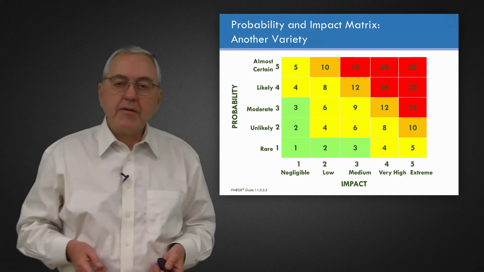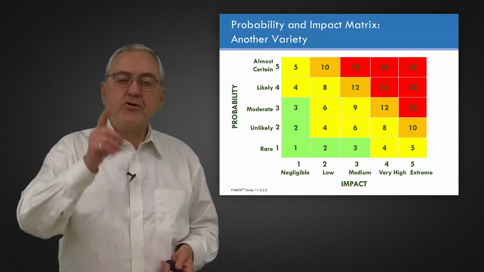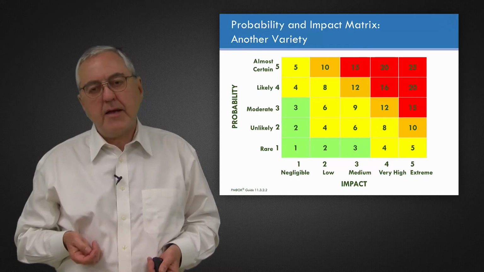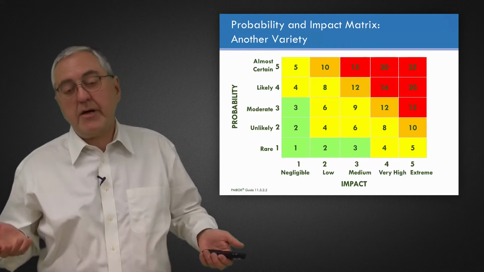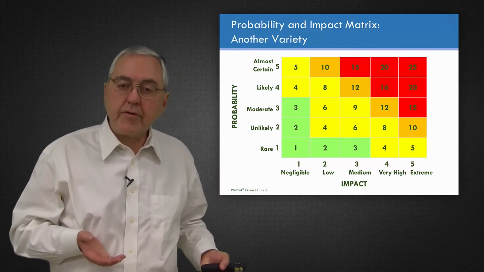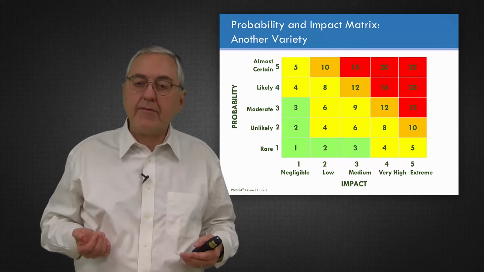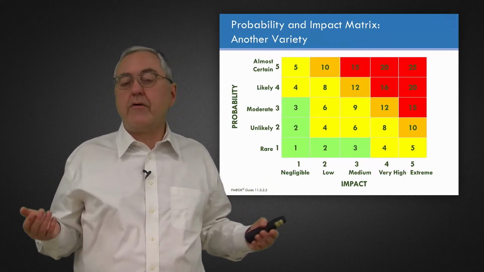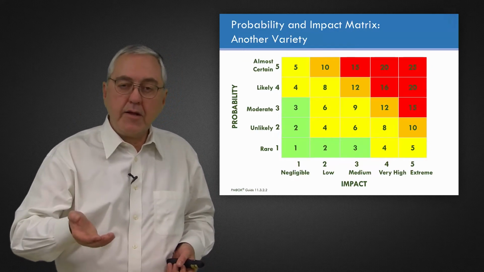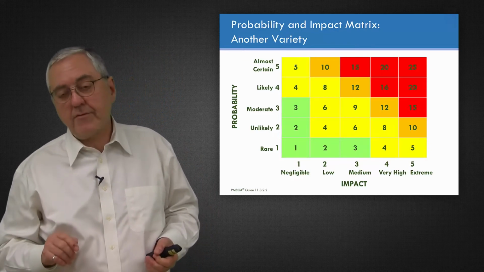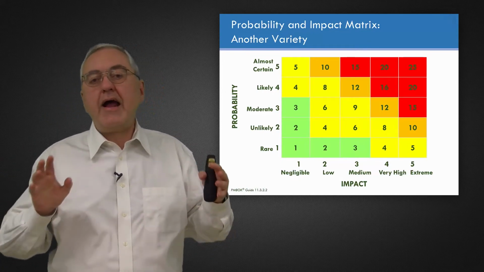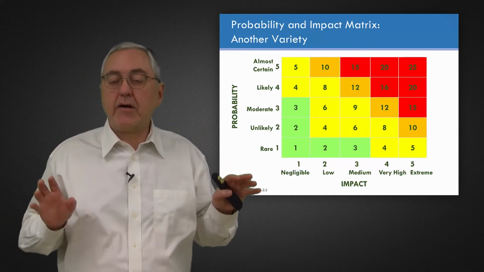Now here's the same 5x5 grid, 5 choices of probability, 5 choices of impact, but we have numbers on them, and this helps us prioritize, because if it's a moderate probability, that would be a number 3. If it's a very high impact, that would be a number 4. Multiply the two together, you get 12. On this probability and impact matrix, sometimes known as a heat map, obviously anything 15 or higher is very high priority.